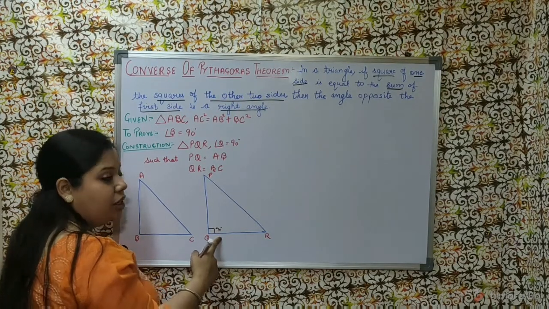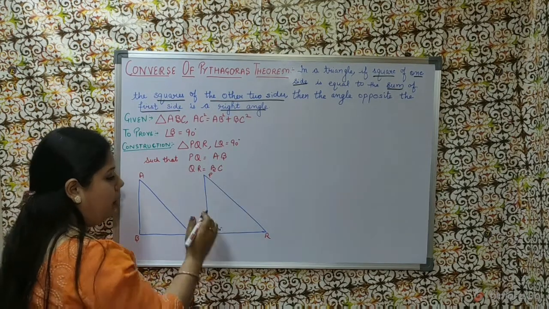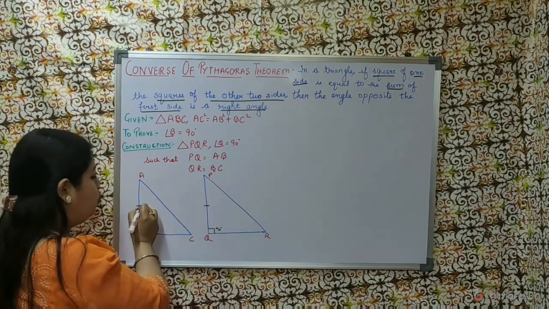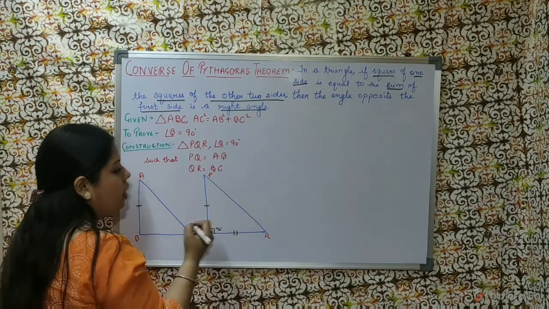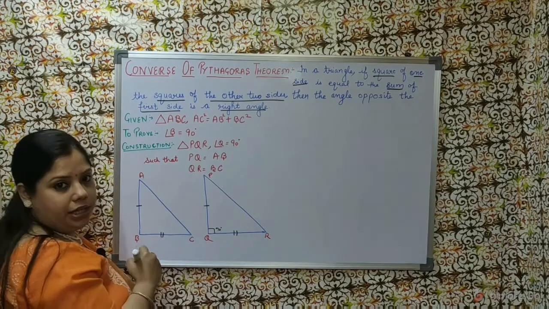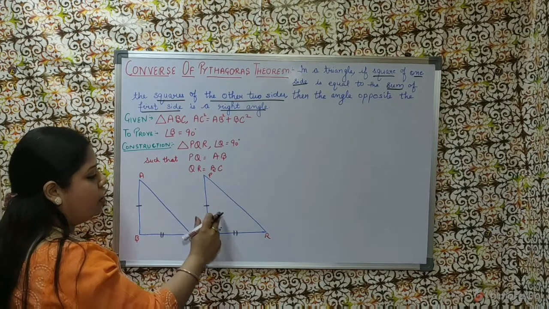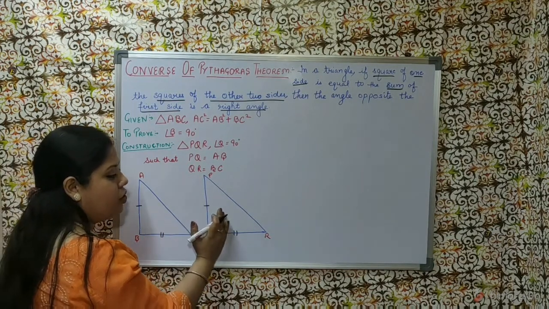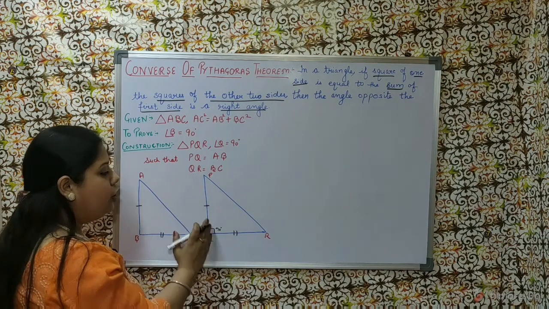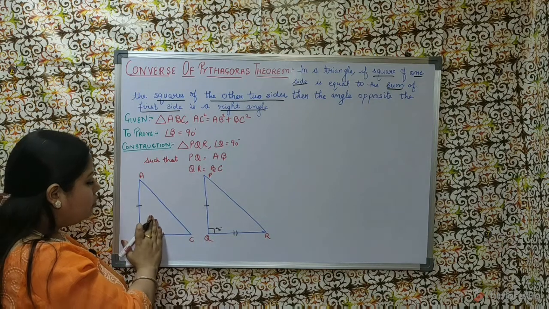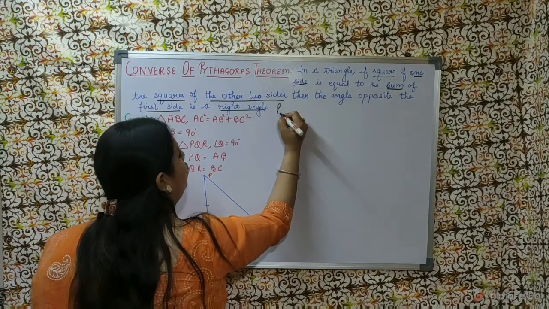I have done the construction in such a way that PQ is equal to AB and QR is equal to BC. So what I have done is I have constructed one more triangle which is a right angle triangle. Moreover, two sides of this triangle are equal to two sides of the other triangle. Now we will be doing the proof.